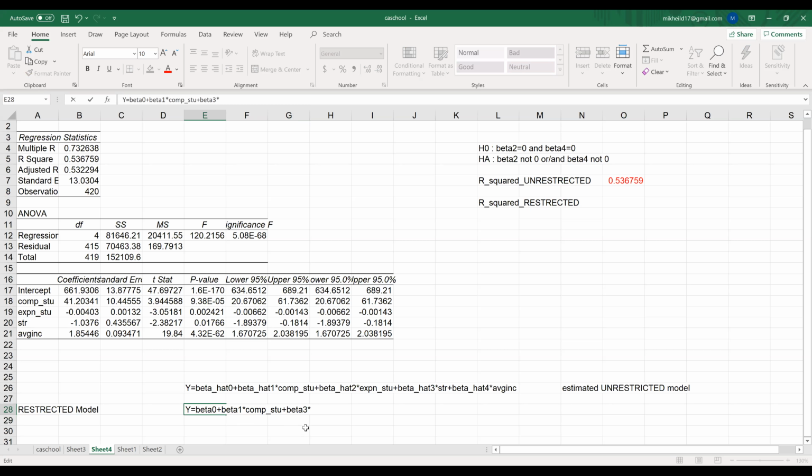Beta 1 is CompSTU, beta 3 is STR, plus the disturbance term U. So this is the true restricted model, right?